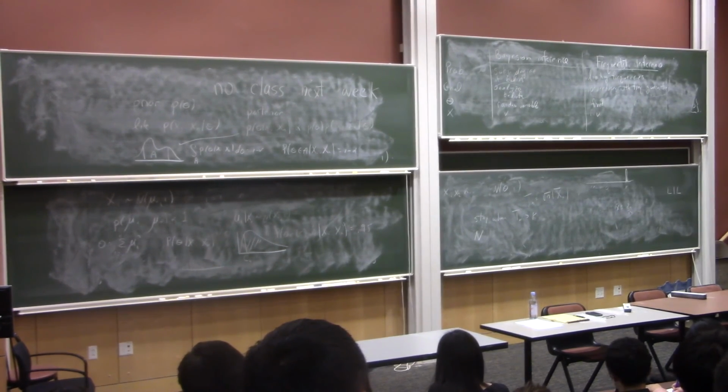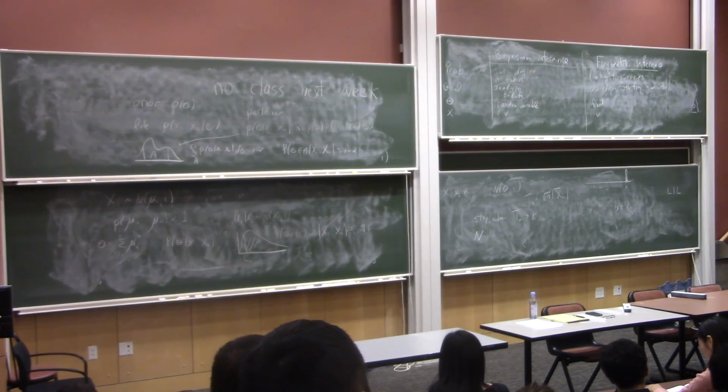And one of the claims that people make in Bayesian inference is not to worry about it. Just ignore the stopping rule. So depending on your perspective, it's either a feature or a bug, this fact that the posterior doesn't depend on the stopping rule. For our purposes, I just wanted to make it really clear that this is an example where the frequentist answer and the Bayesian answer are very, very different.